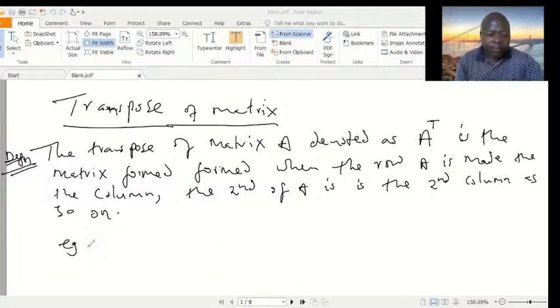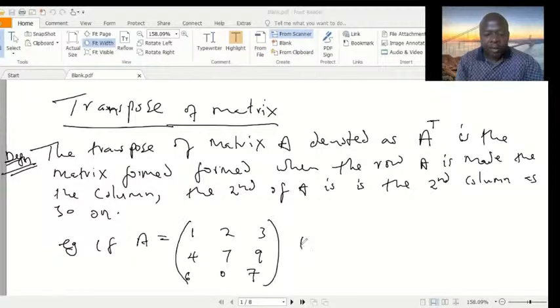E.g., if A is 1, 2, 3, 4, 7, 9, 6, 0, 7, then what is A transpose? Just make the first row be the first column: 1, 2, 3.